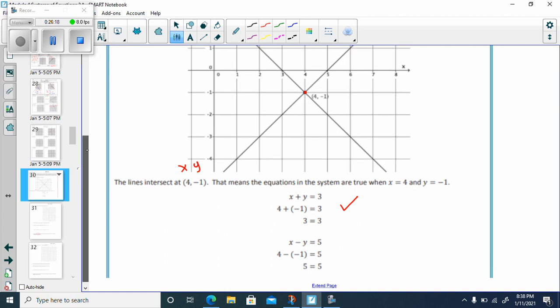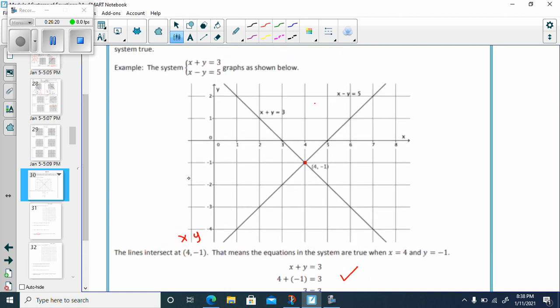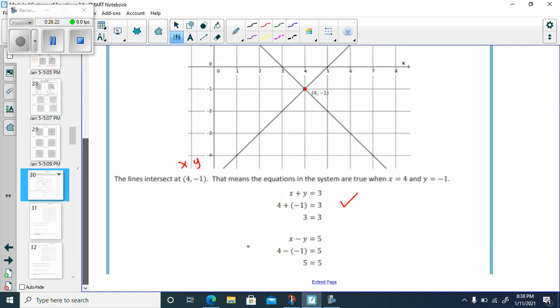Now let's try the other line. x minus y is equal to 5. Let's plug these in. The x is 4, the y is -1. 4 minus -1 is 5. Is 4 plus 1 equal to 5? It certainly is, so that means this one is a solution for the other equation.